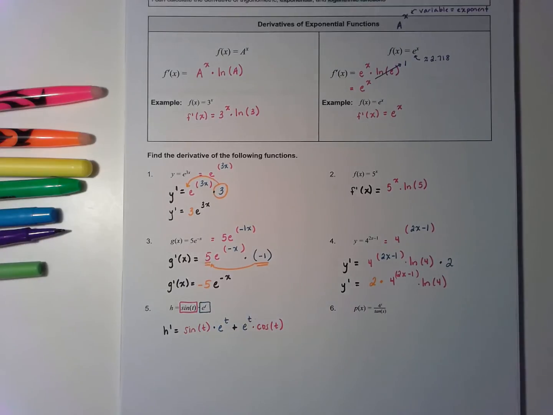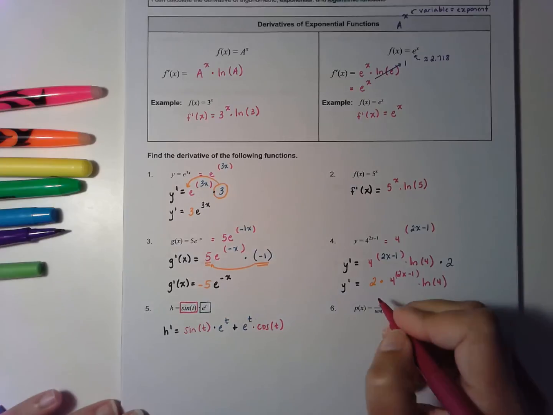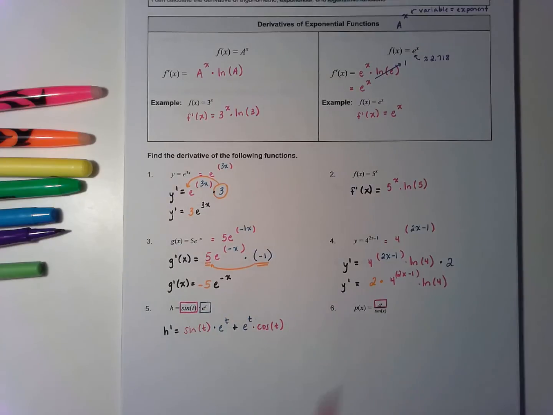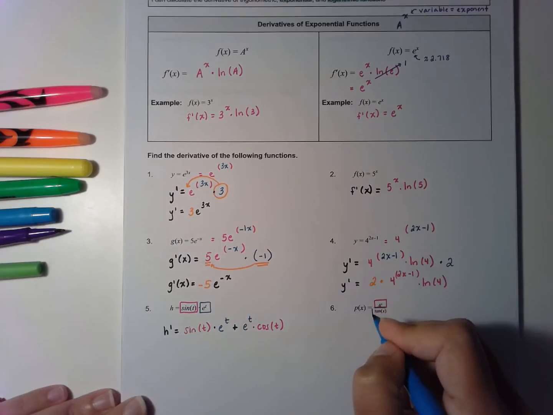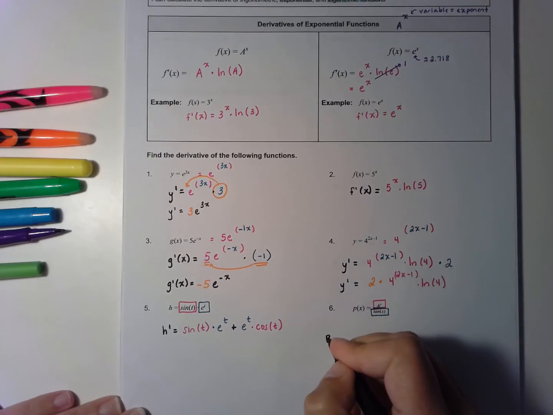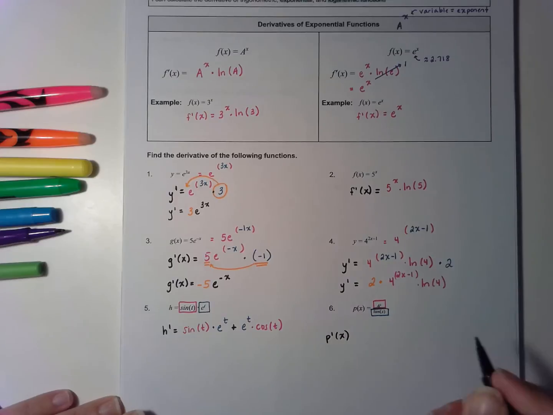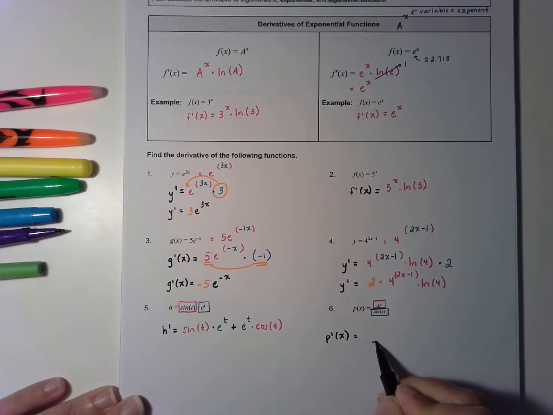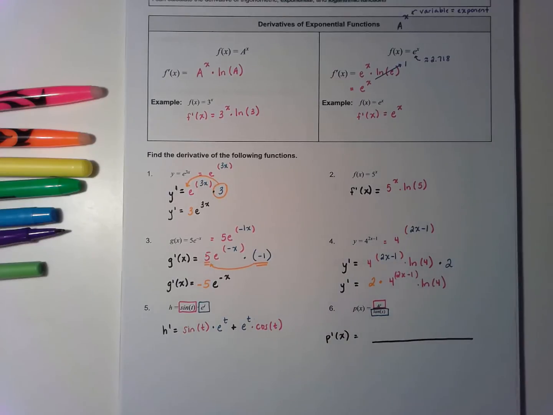For problem number 6, we're going to use a combination of quotient rule, exponential functions, and trigonometric functions here. So my top is going to be 4 to the x power, and my bottom is going to be tangent of x. If you need a refresher, I like to sing a song for quotient rule, which goes low d high minus high d low, and low squared goes down below.